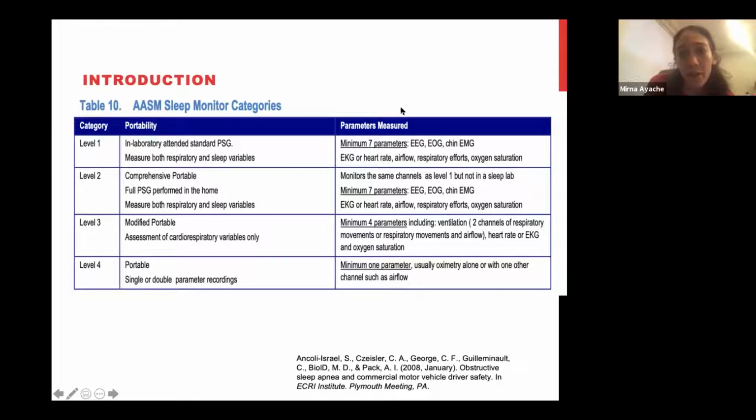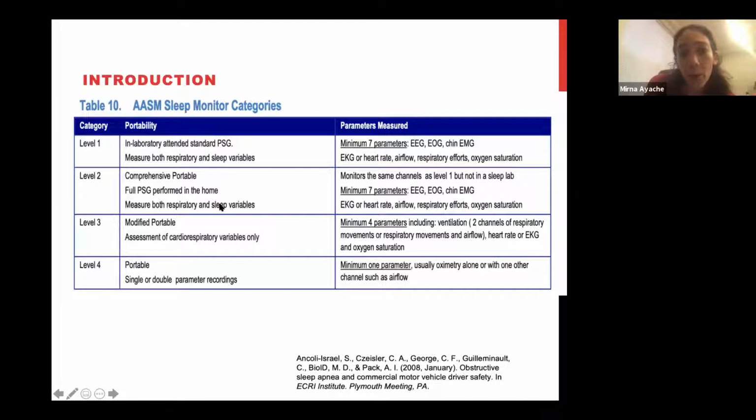So just as a reminder, AASM classifies the sleep studies into 4 levels. Level 1 is the in-lab attended standard PSG, the one with at least 7 parameters: EEG, EOG, chin EMG, effort, oxygen saturation and airflow, and EKG or heart rate. Level 2 is something that we don't use as much.